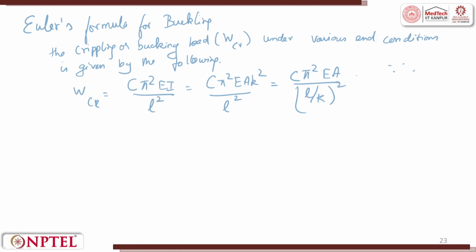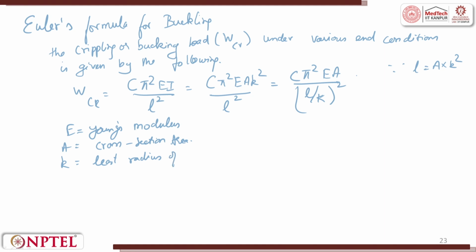Here E is Young's modulus, A is the cross section area, K is the least radius of gyration of the cross section, L is the length of the column, and C is the constant.